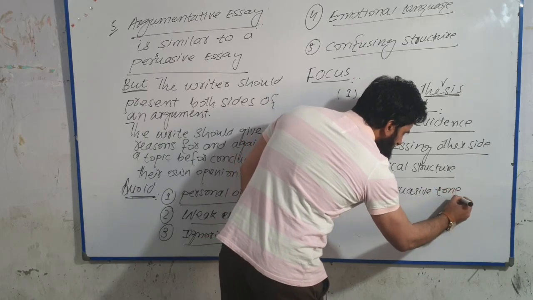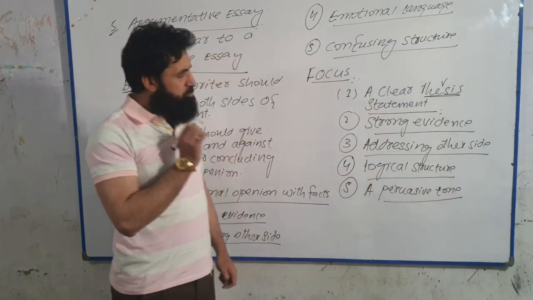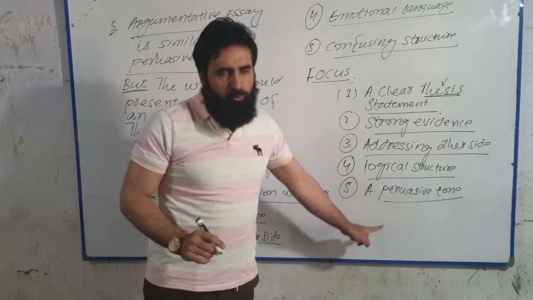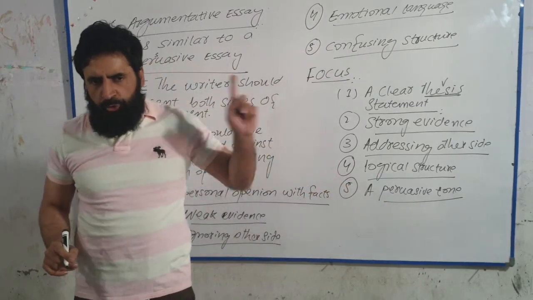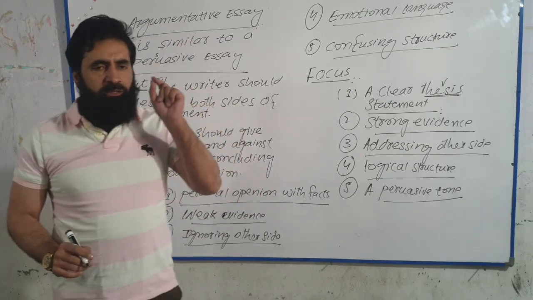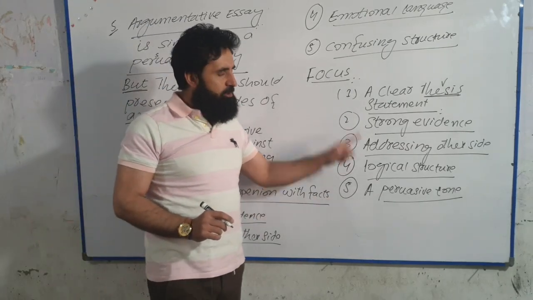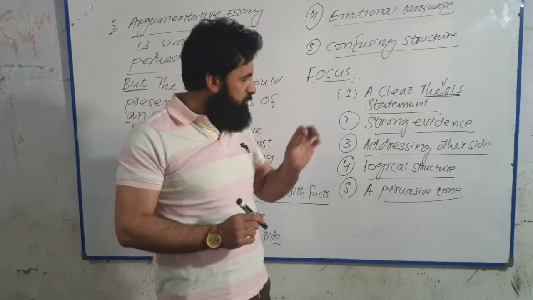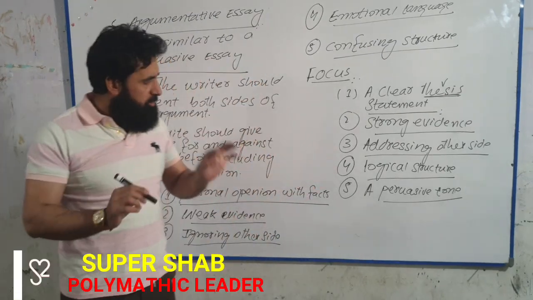Now what does this mean? This is much more important. The fifth focus is much more important. Okay, do write this in this tone, in this focus. So do note this, note it down.